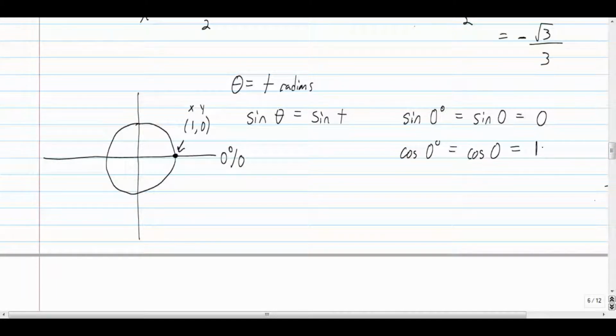So the cosine of 0 degrees, or the cosine of 0 radians, is equal to 1. And we can do that for the remaining trig functions. So the tangent of 0 degrees, or 0 radians, what was that equal to? Y over x. So that's 0 divided by 1. So that means that the tangent of 0 is equal to 0.